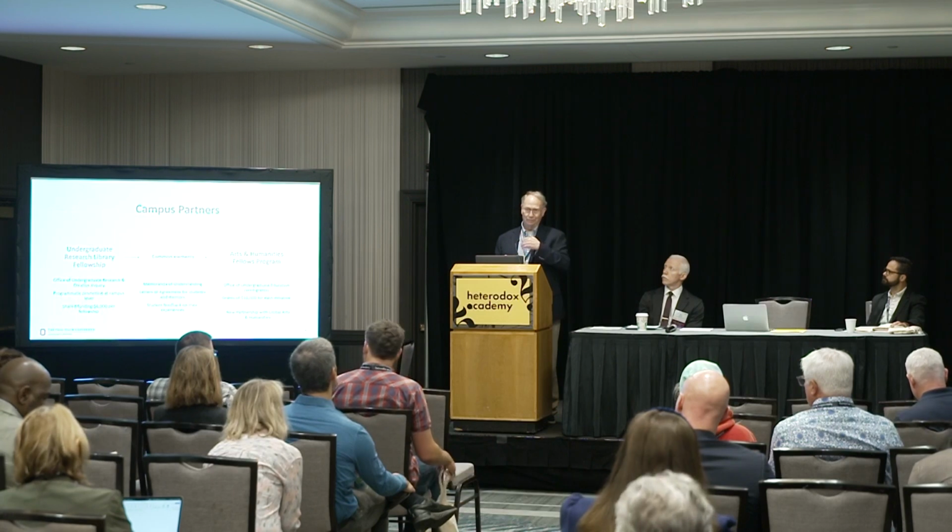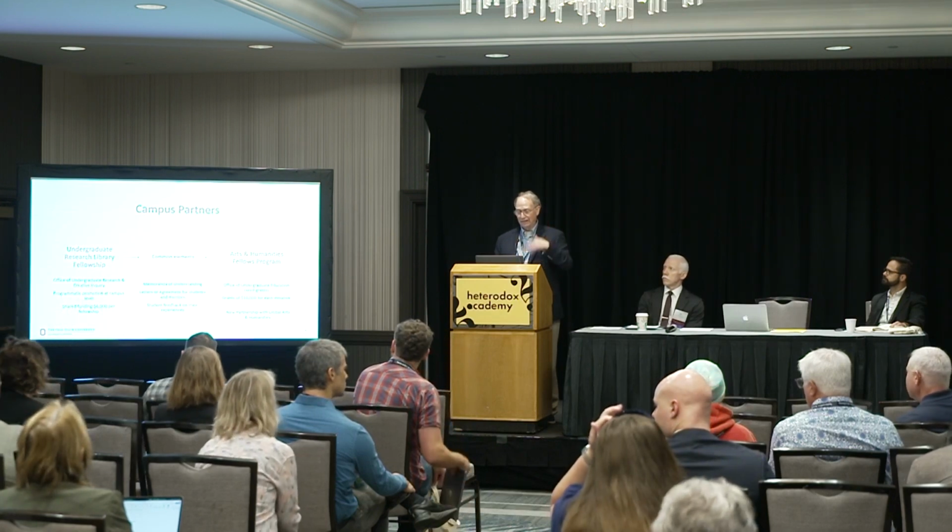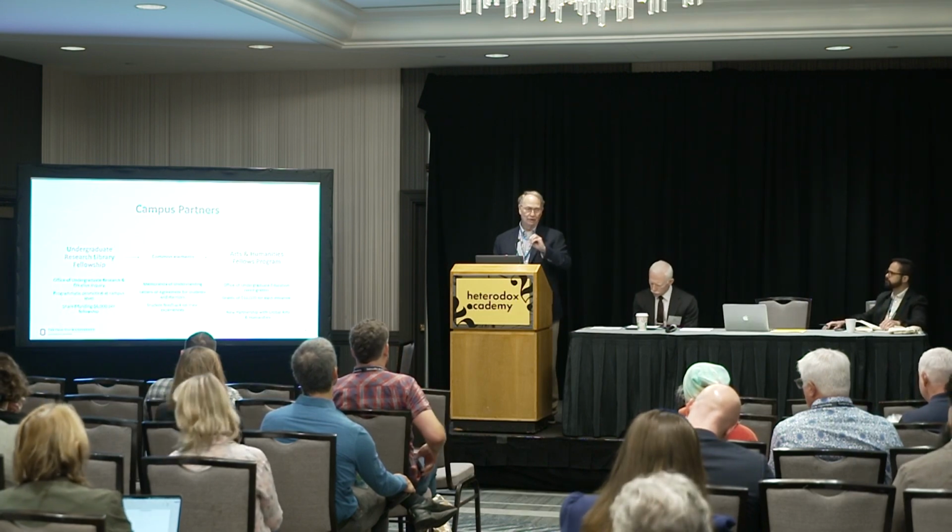They get $6,000 for funding basically their living expenses during the summer while they're working on the project. For the Arts and Humanities Fellows Program, we got a seed grant of $10,000 from the Office of Undergraduate Education, and then the library is kicking in for the second 2 years to sustain it. There's also another entity on campus called the Global Arts and Humanities Program, so that's a third partner that we're now working with.